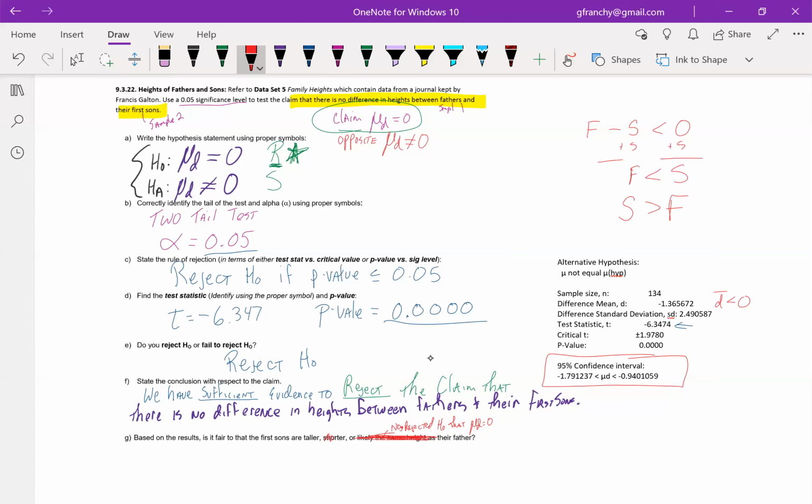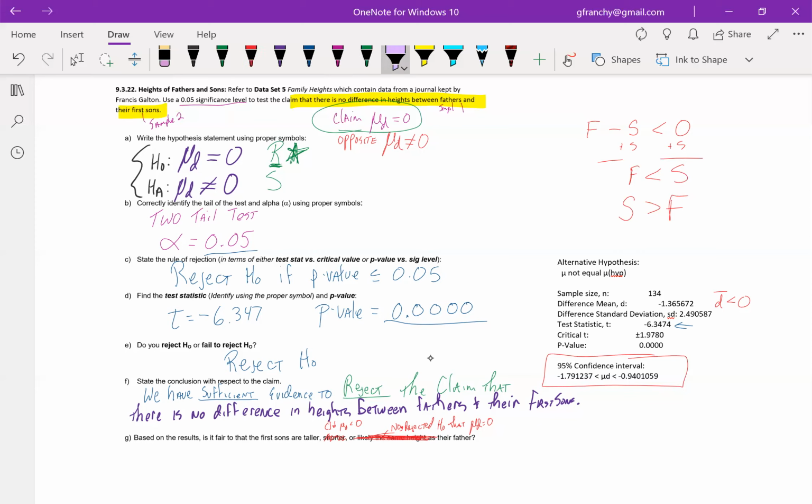So we can cross that out because that's a function of our confidence interval of the population mean difference being negative.